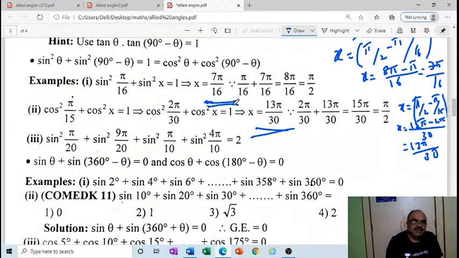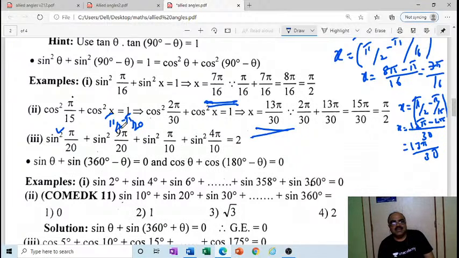See, sine square pi by 20, sine square 9 pi by 20, pi by 2 minus pi by 20. LCM would be 20. 10 pi minus pi is 9 pi by 20. So this becomes cos square pi by 20. Sine square pi by 20 plus cos square pi by 20 is 1.